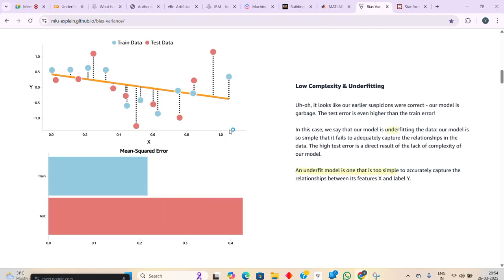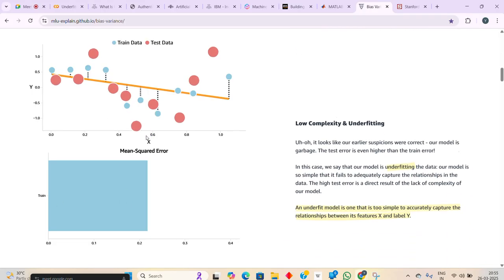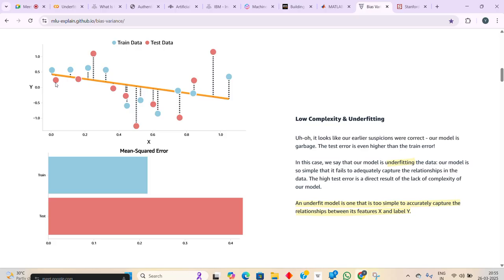Going down, the blue color data is the training data. For the training data, if I find the best fit line and find the errors, these are the mean square errors of the training data. Some random points are there in testing, denoted by red color. The red color points are the real test values, but the best fit line is far away from them.